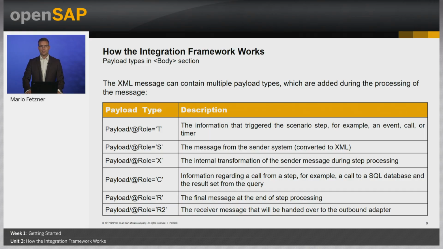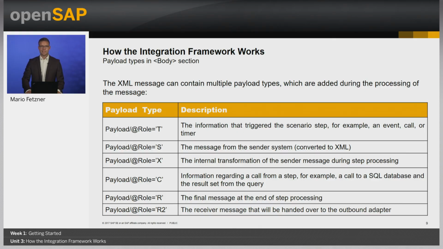This section only appears if you have designed a scenario to include an intermediate transformation during the step processing phase. Type C shows information regarding a call from the step to an external system, for example, a call to a SQL database. In this case, the result set from the query will also be shown.